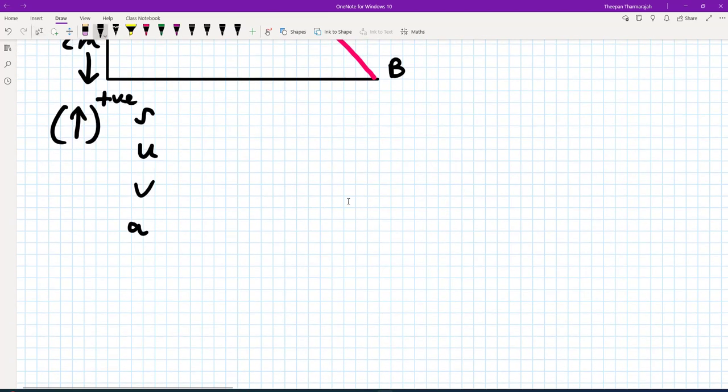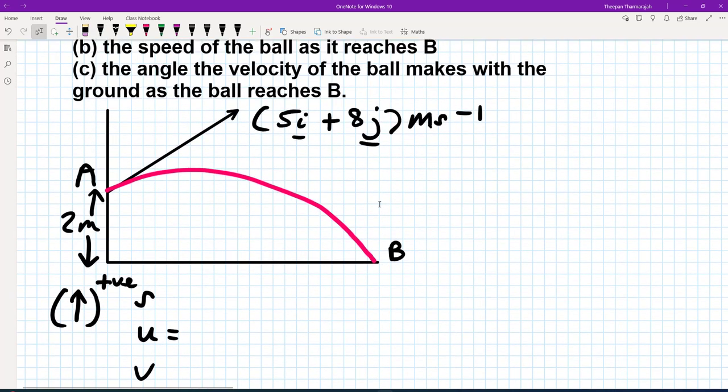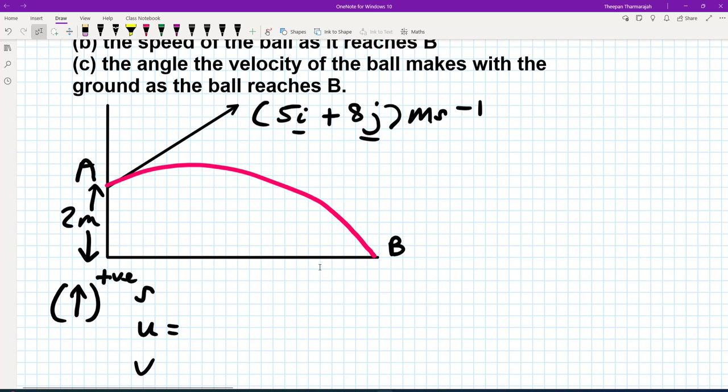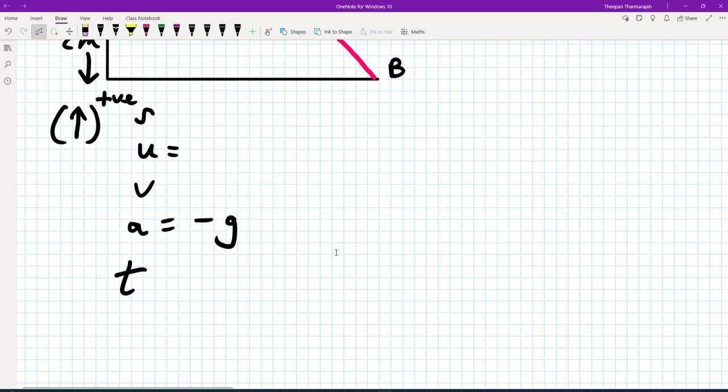So we're going to have that a is minus g. Now, in the vertical sense, we're going to use the j component. So the initial velocity is going to be 8. And at greatest height or maximum height, the velocity is 0. And we want to find s.